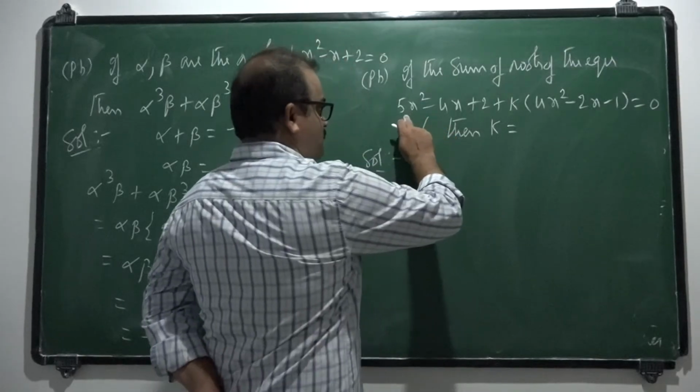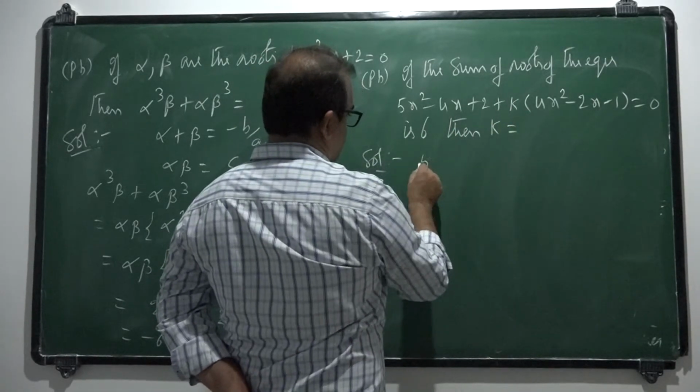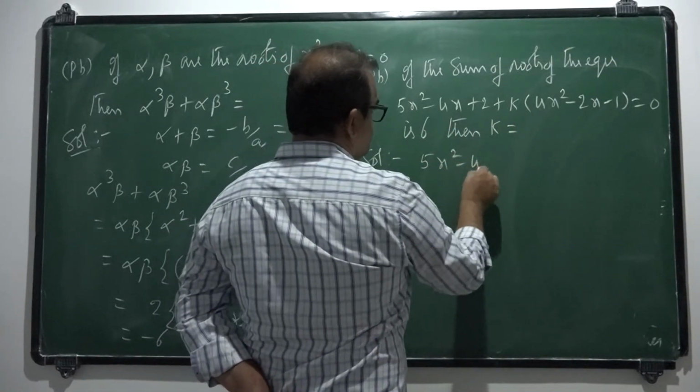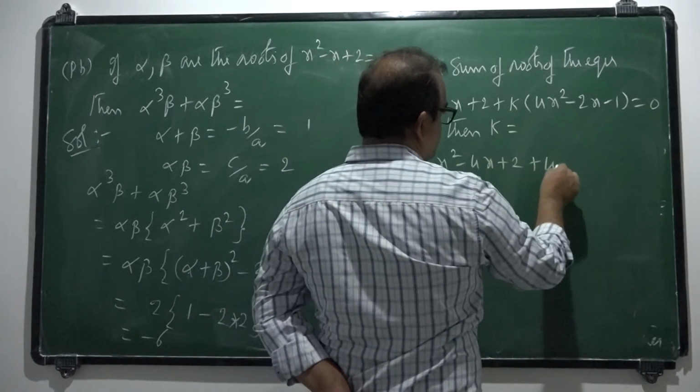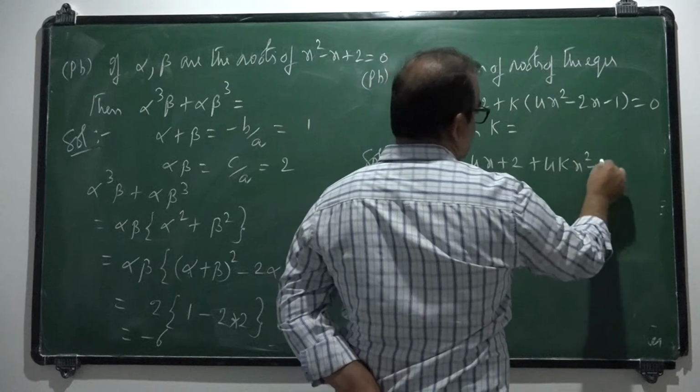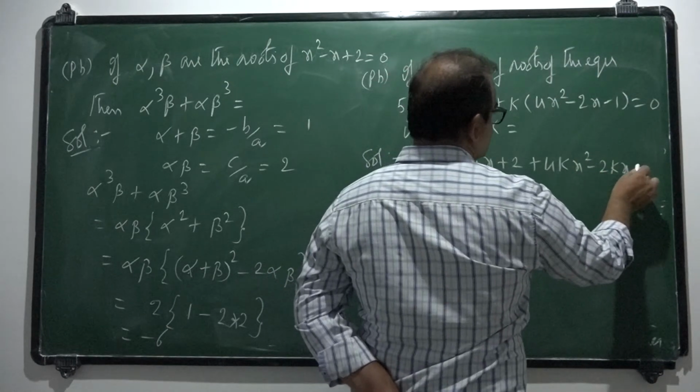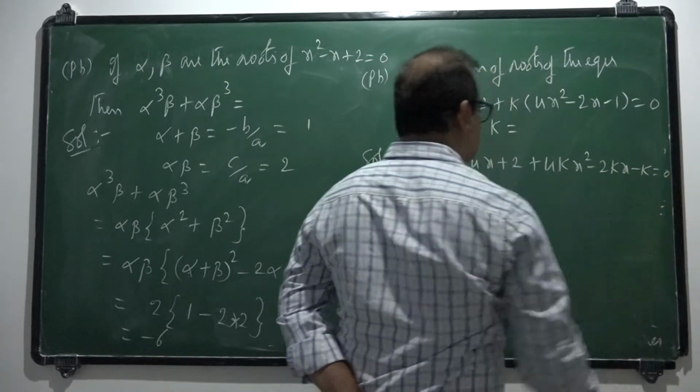First, what is the given equation? 5x square minus 4x plus 2. Take this k into bracket. 4kx square minus 2kx minus k is equal to 0.